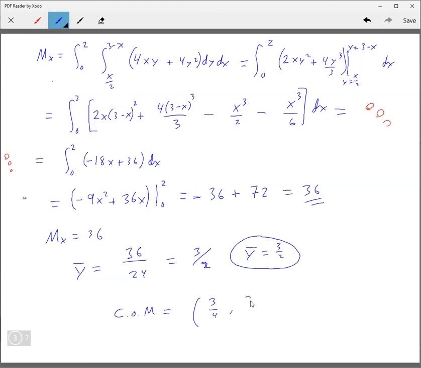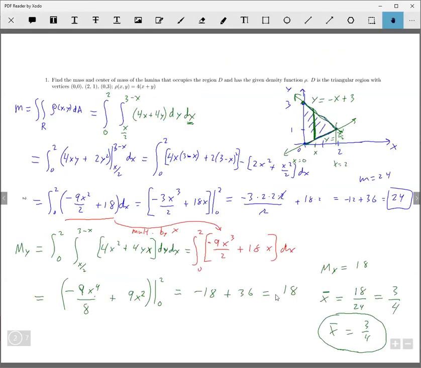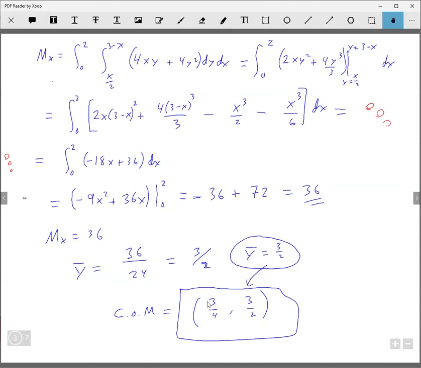That's from the previous page, and then this one's 3/2 from there. So that should be the center of mass. So 3/4, comma 3/2. So you write it down as a coordinate.